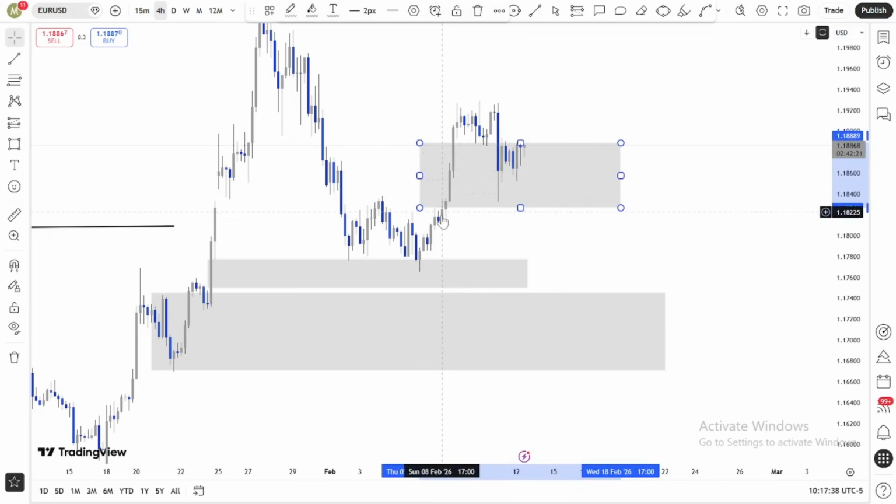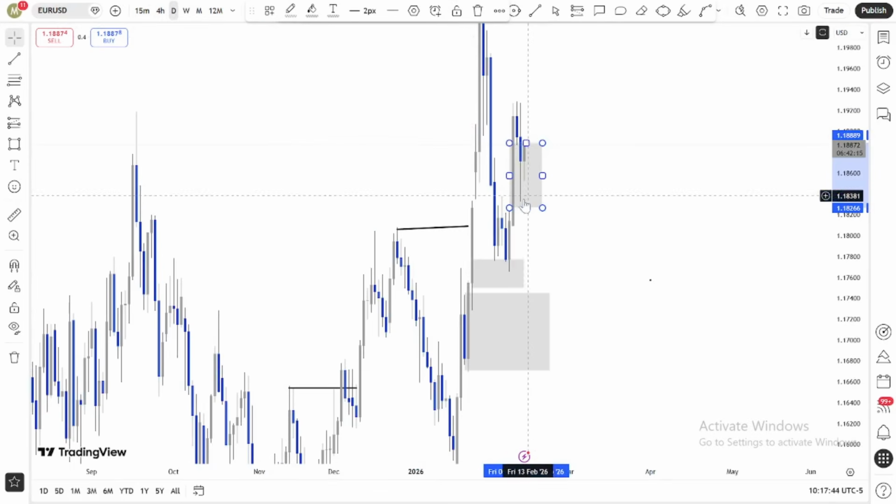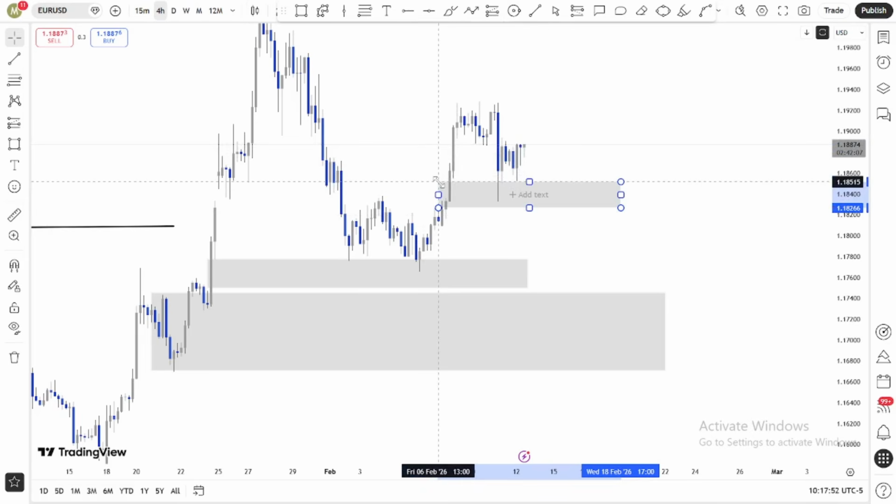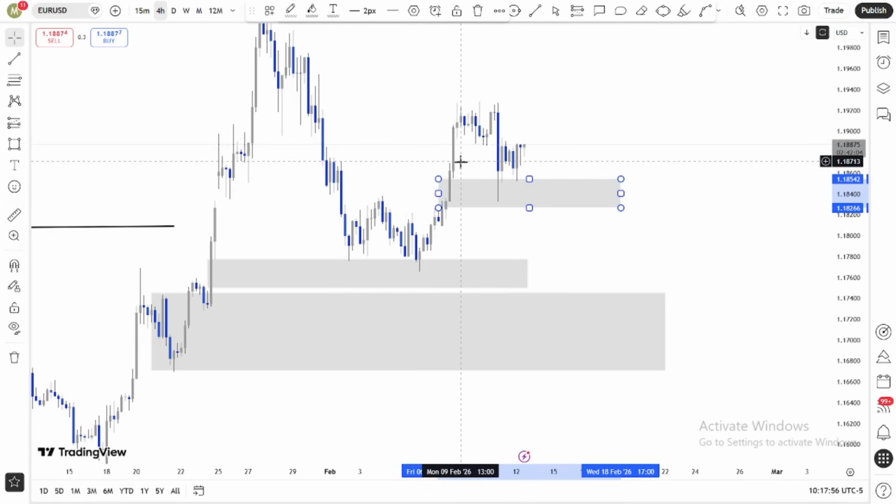The fair value gap is spotted on the daily time frame. If you remember, this level here is spotted on the daily time frame, as is this level here. But you can see that price traded down into this first fair value gap here. We have this gap and we also have this gap here. Price traded into this one here.